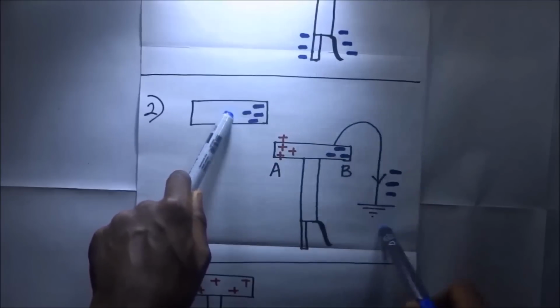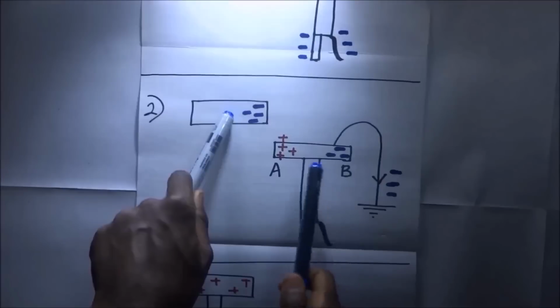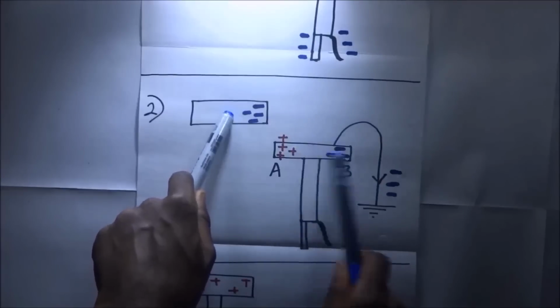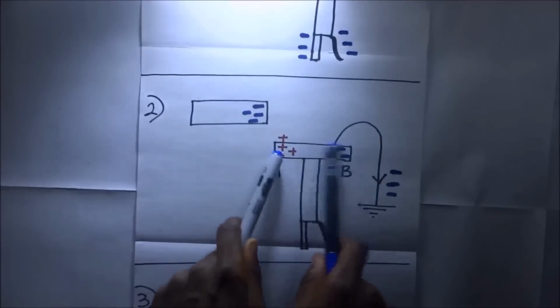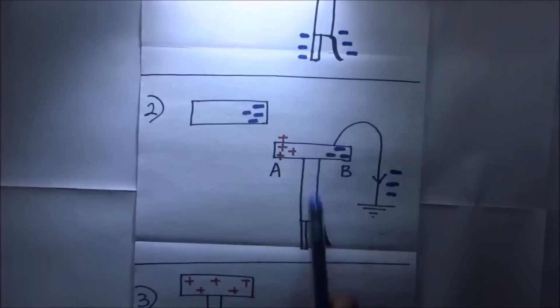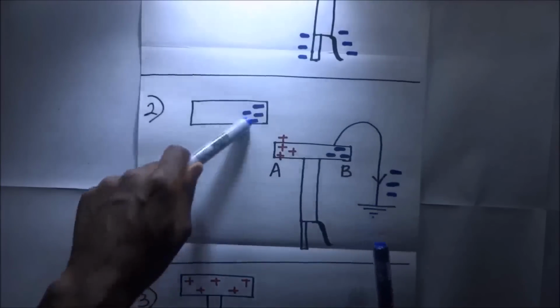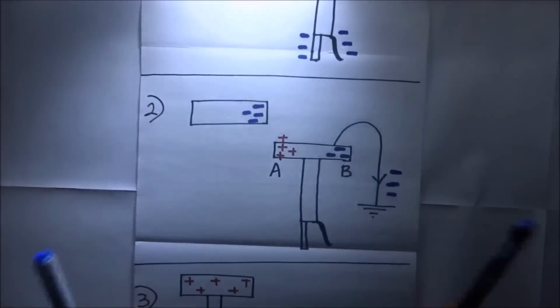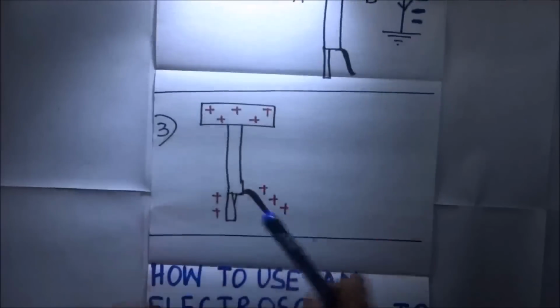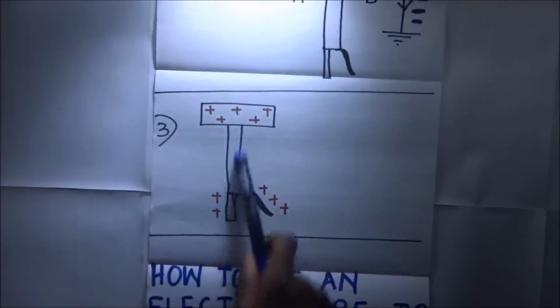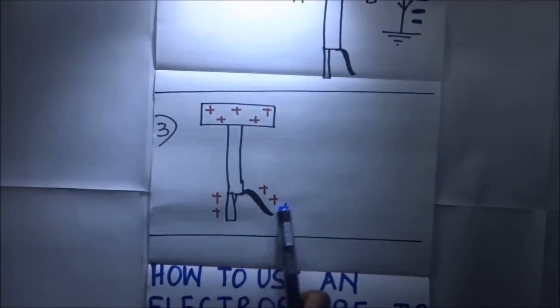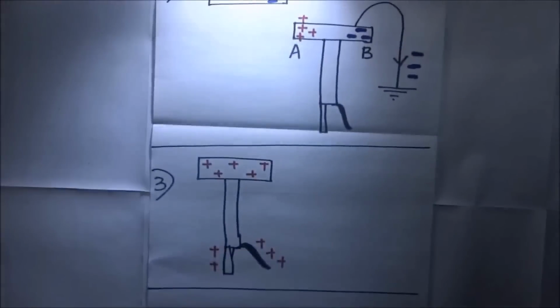So when the electrons go to the ground, we are going to have fewer electrons here and more positive charge in this setup. And so after doing that for some time, when you remove the earthing and this body at once, you're going to have this predominantly positive, and so this leaf will diverge. So that is how we charge a gold leaf electroscope positively by induction.